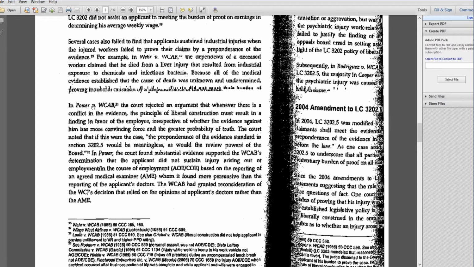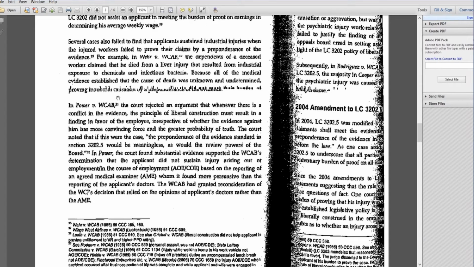In Power versus the Workers' Compensation Appeal Board, the court rejected an argument that whenever there is a conflict in the evidence, the principle of liberal construction must result in a finding in favor of the employee, irrespective of whether the evidence against him has more convincing force and the greater probability of the truth.